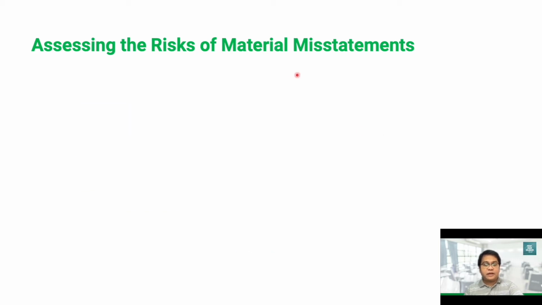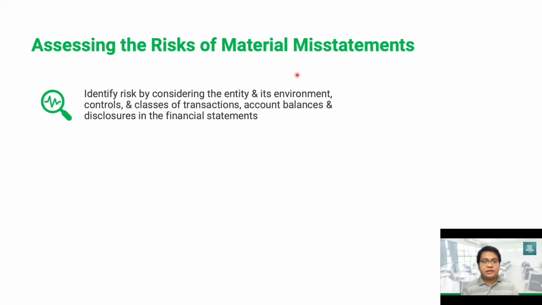So here are the steps in assessing the risk of material misstatements in the financial statements of our client. The first is to identify the risk by considering our client's environment, their business, their internal controls, the classes of transactions, account balances and disclosures contained in their financial statements.